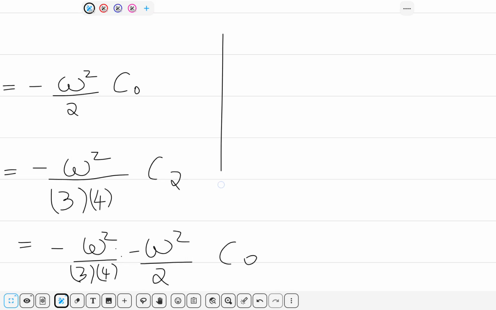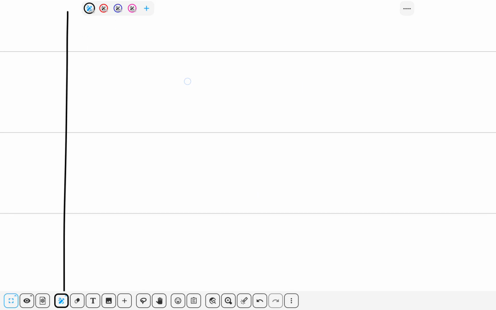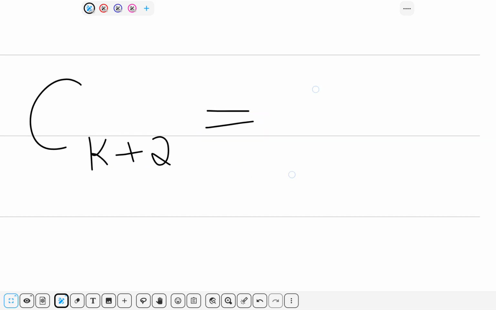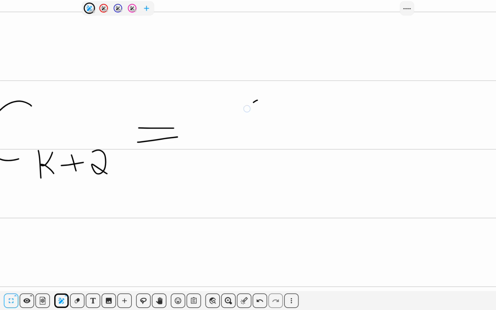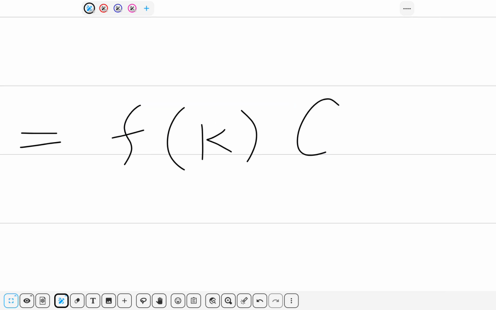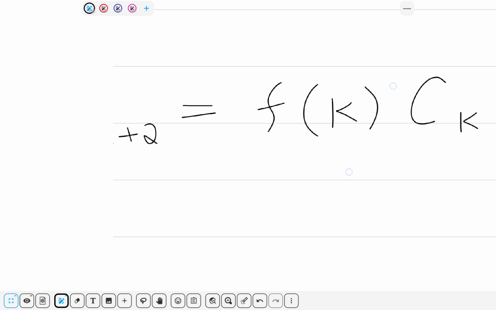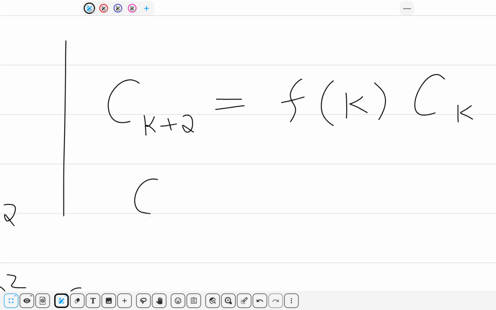So let me try it. Any C k plus 2 can be written as some function of k times Ck, right? If I use induction, I don't know what I'm saying.